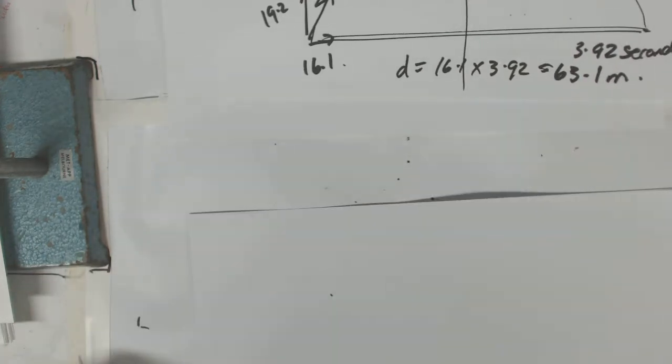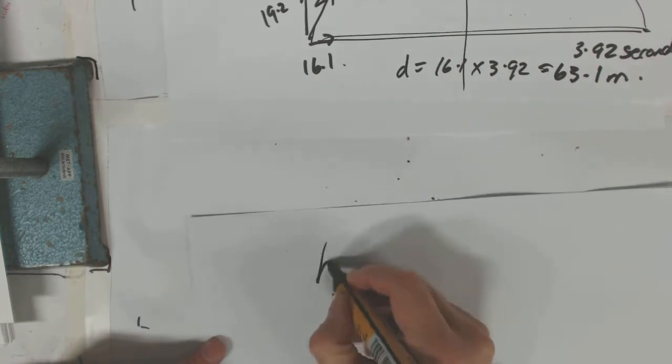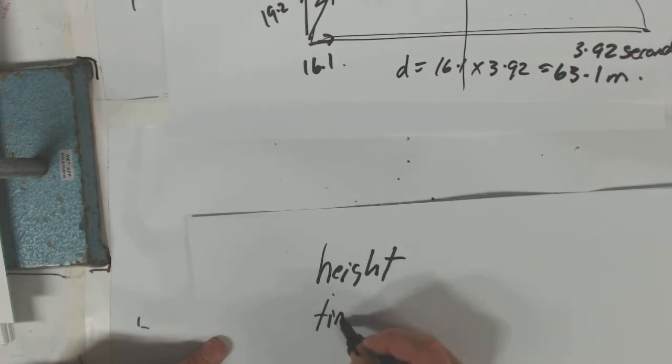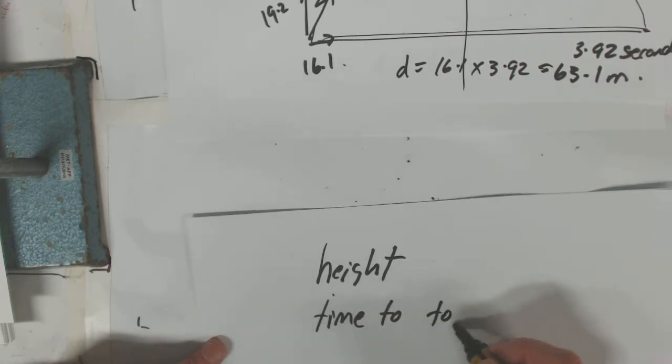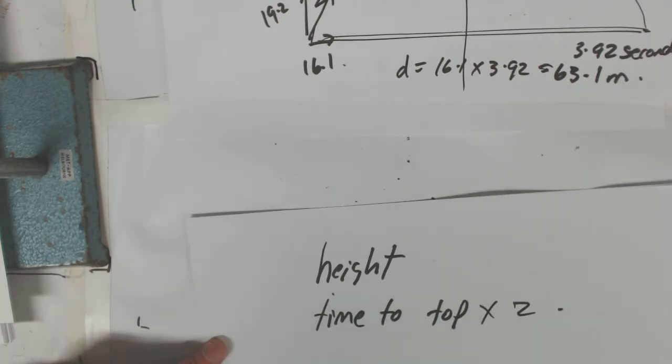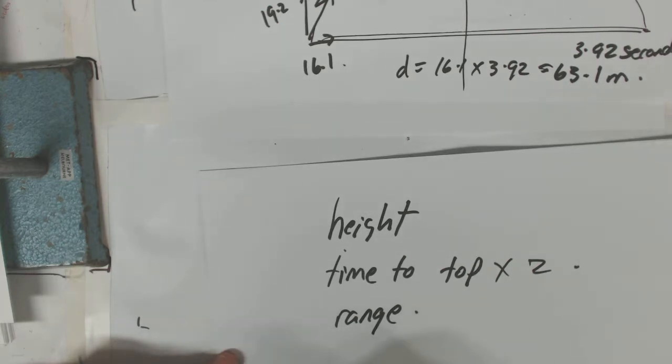So from an initial problem, we've worked out a few things. We've worked out the height. We started with an initial velocity. We worked out the time to the top of the flight. We then doubled that time to get the range. The equations we used, initially we used this one, that gave us the height.